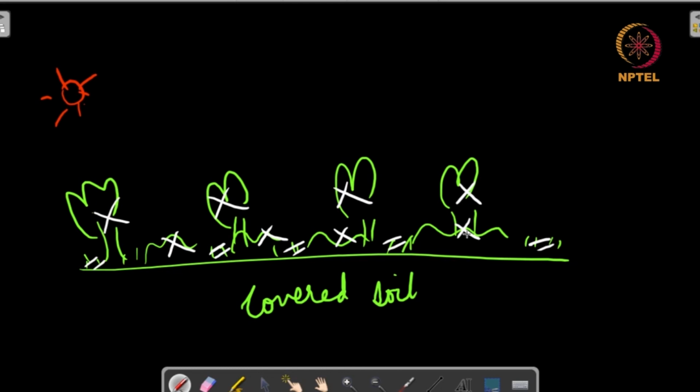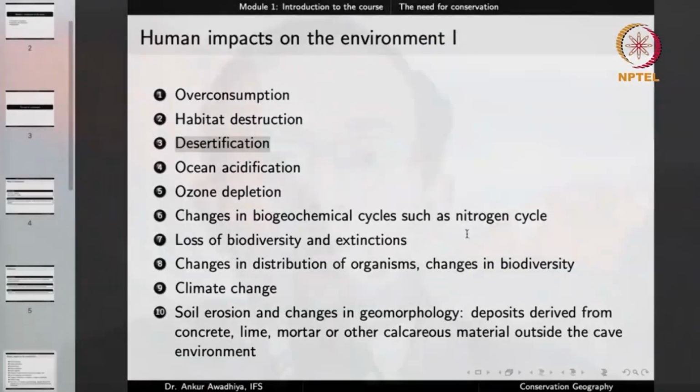Now, if you consider any agricultural field in your vicinity, you will find that agriculture moves in certain seasons. So, there will be certain seasons where the ground will be covered with plants, and in other seasons, once the crop has been harvested, the ground will be left bare. Now, when this ground is left bare, the rays of the sun are able to desiccate the soil.